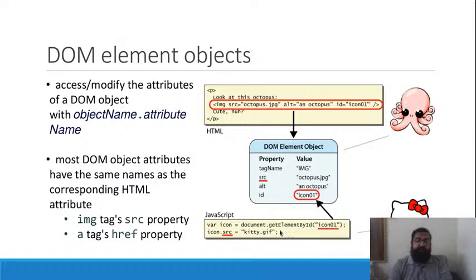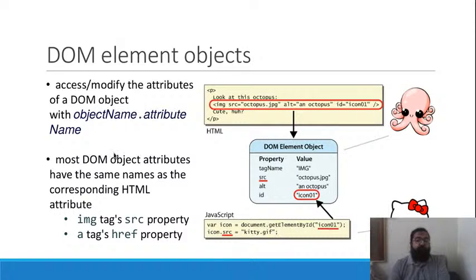So you will get an object, and now you will change the source in that object. icon.src lets you change the source from octopus.jpg to kitty.gif. That is what is done in the icon.src line.